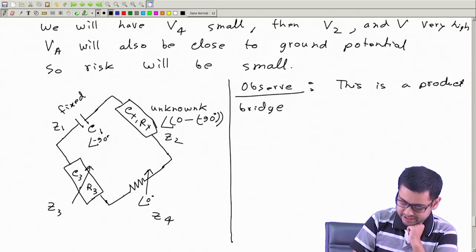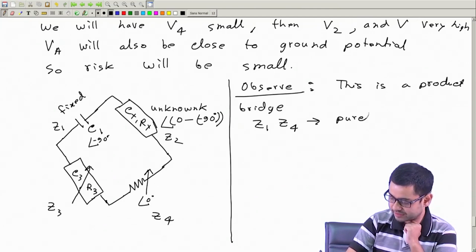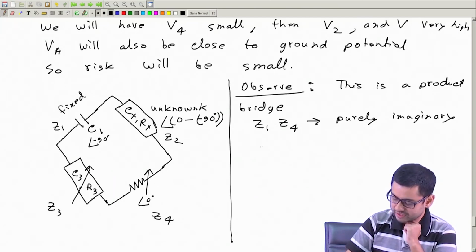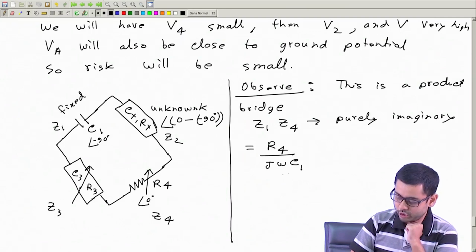Because this Z1 times Z4 is a purely imaginary number, and if I call this R4, this is equal to R4 divided by j omega C1, purely imaginary.